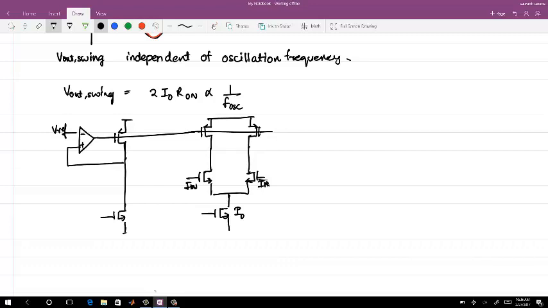okay, so let me just write right now this as VB. I will tell you what this signal will be. So let's say this is I naught, and I connect these two also together. So let's first connect them together, and the current is I naught.